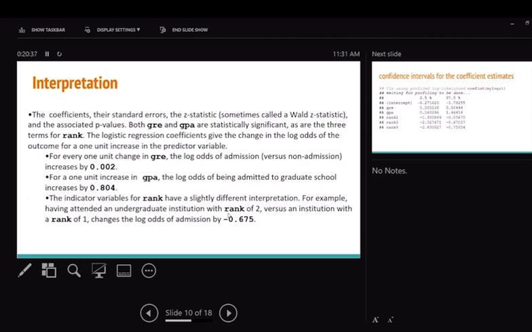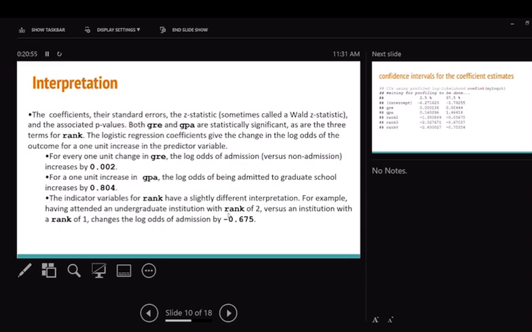Look at that, log odds. It is not admission, it is log odds, because the estimates are log odds estimates. So the log odds of admission versus non-admission increases by 0.002.